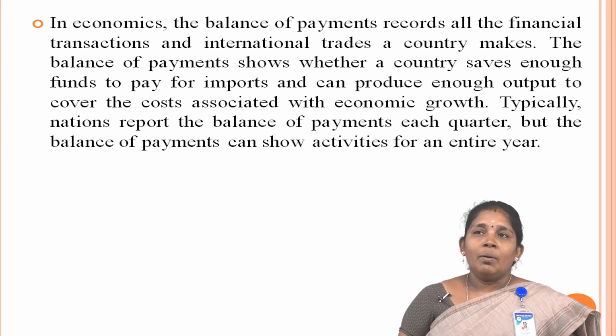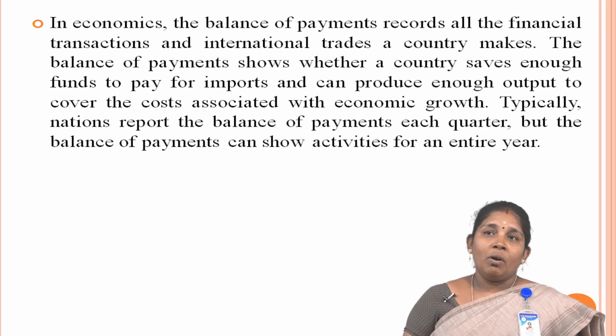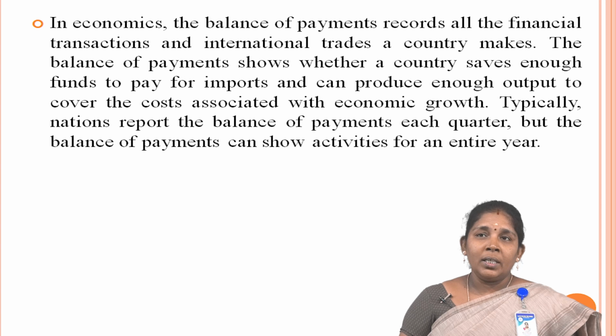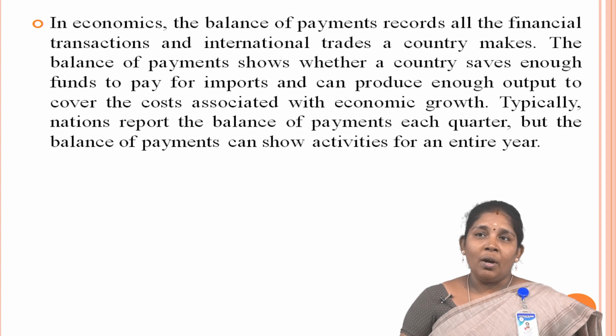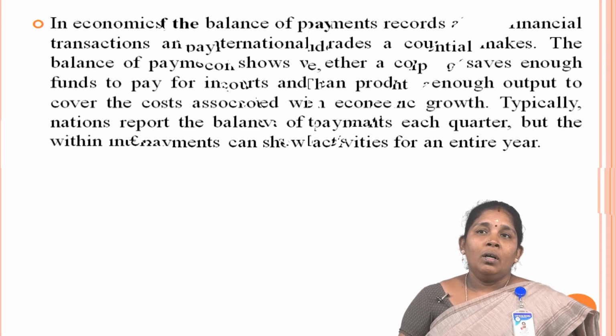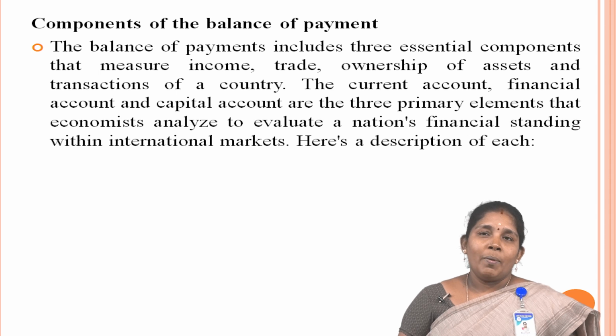In economics, the balance of payments records all the financial transactions and international trade a country makes. The balance of payment shows whether a country saves enough funds to pay for imports and can produce enough output to cover the costs associated with economic growth. The nations report the balance of payment each quarter, but the balance of payment can show activities for an entire year.